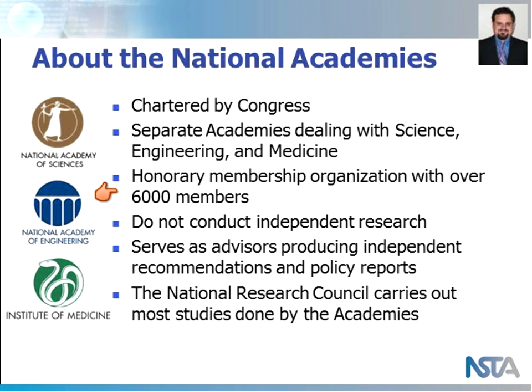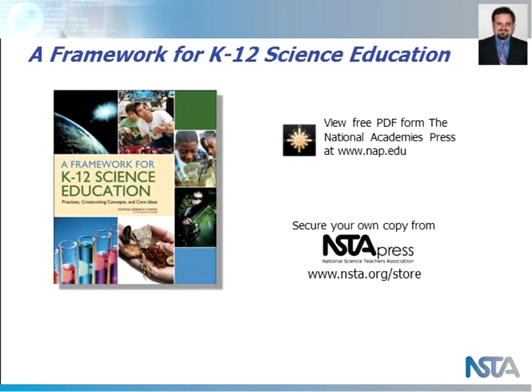They're honorary memberships of people who are prestigious or to be named to the National Academy. Most important, they're advisors in producing independent reports, and the National Research Council carries out most of the studies that are done by the academies. And that's where the Research Council comes in.